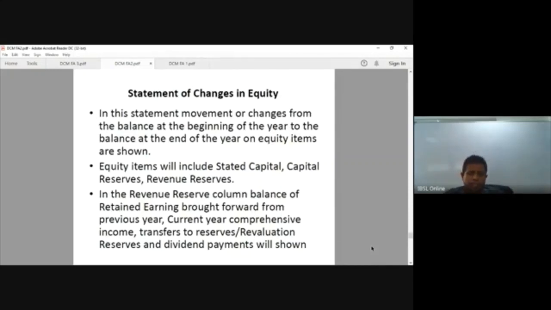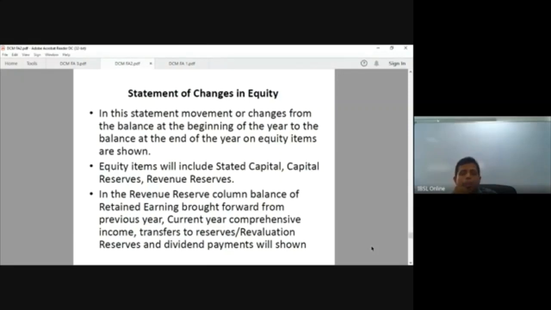Then the statement of changes in equity. I explained equity is comprised of two parts, mainly stated capital plus reserves. Normally, in a company, reserves can be of different types: statutory reserve funds, retained earnings, revaluation reserves, and general reserves.